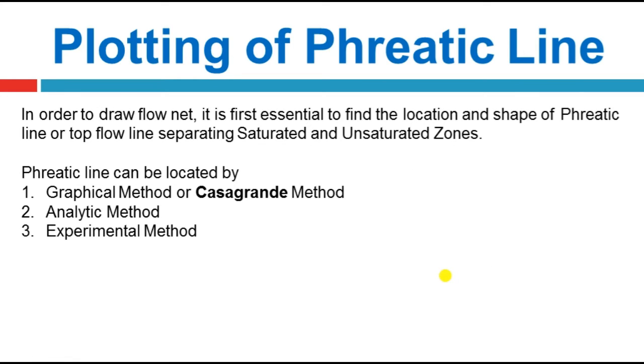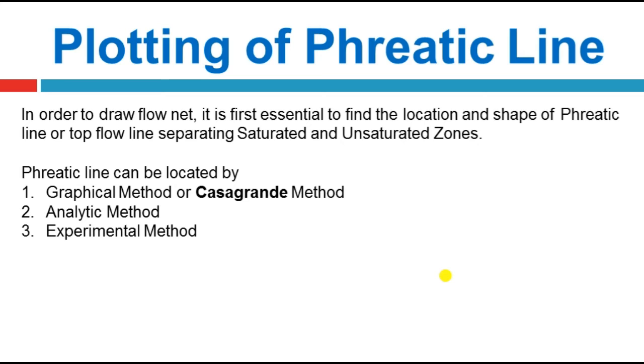Now the next topic is plotting of the phreatic line. How can we plot our phreatic line? In order to draw the flow net, it is essential to find the location and shape of the phreatic line, because beneath the phreatic line is the flow net.